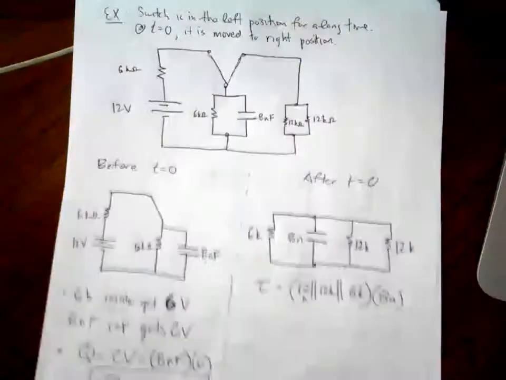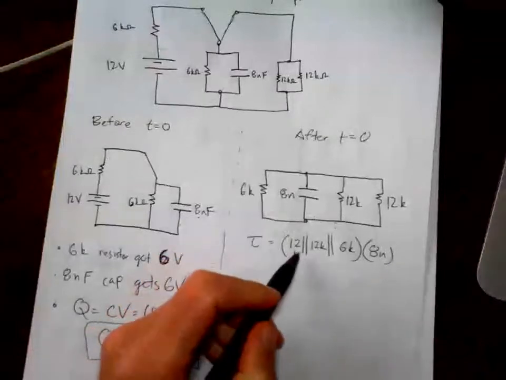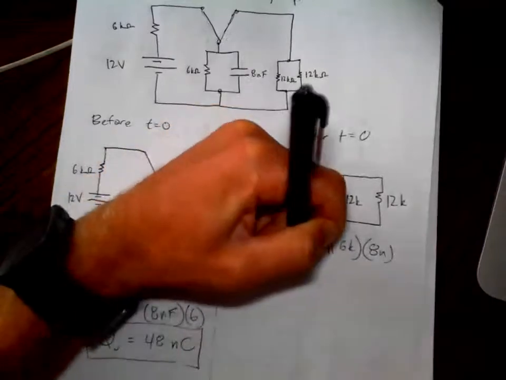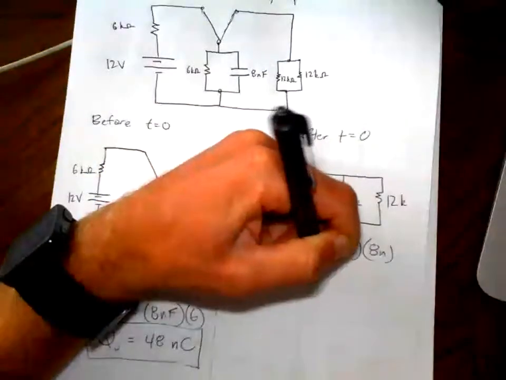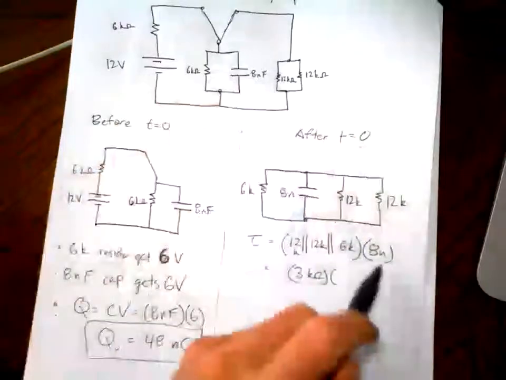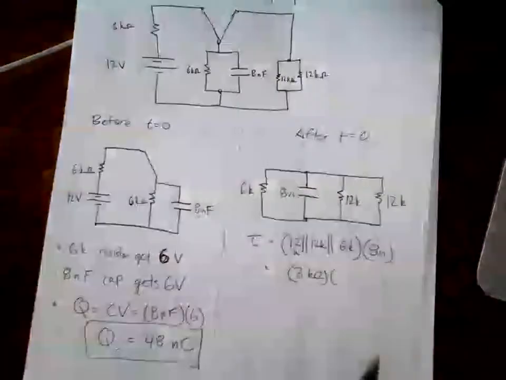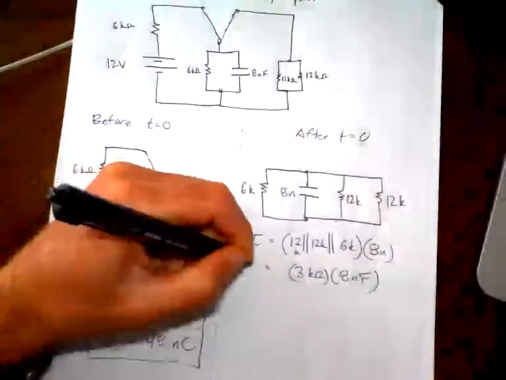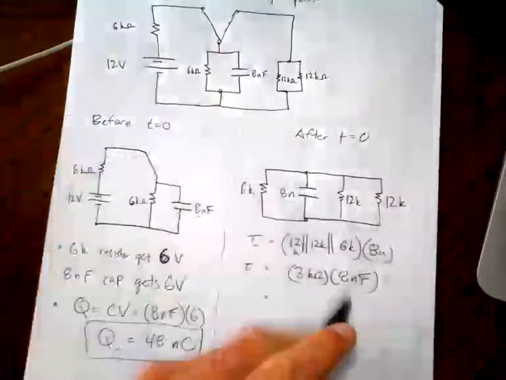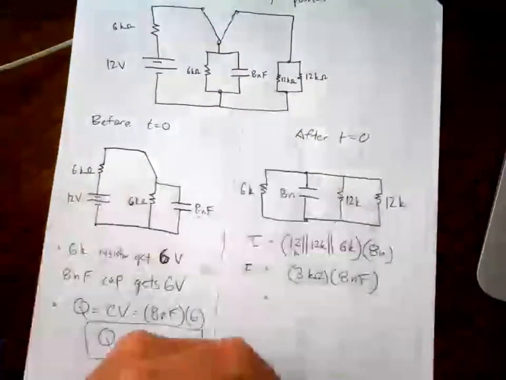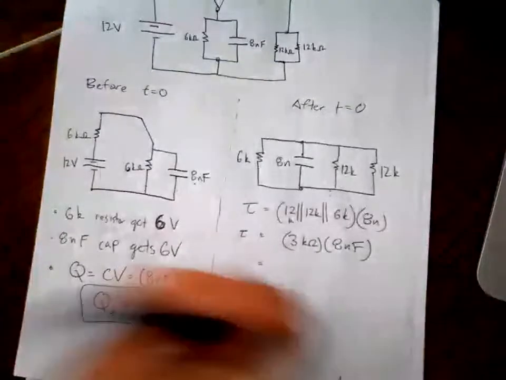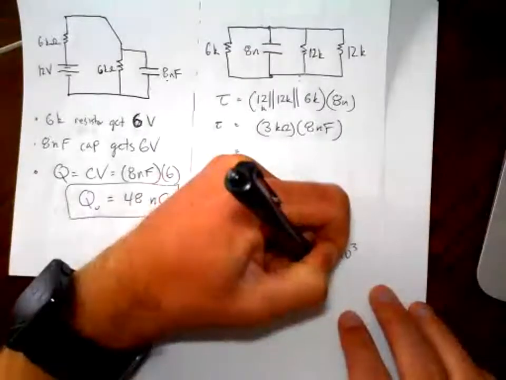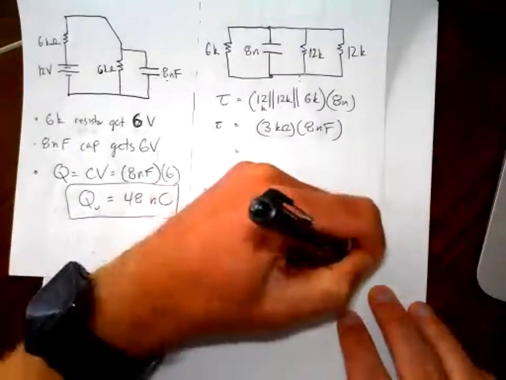All right. So I'm not going to work out the math, but if you do 12K in parallel with 12K in parallel with 6K, it's going to give you 3 kilo ohms. And then 3 kilo ohms times 8 nanofarads. So a kilo is a thousand. A nano is 10 to the minus 9.